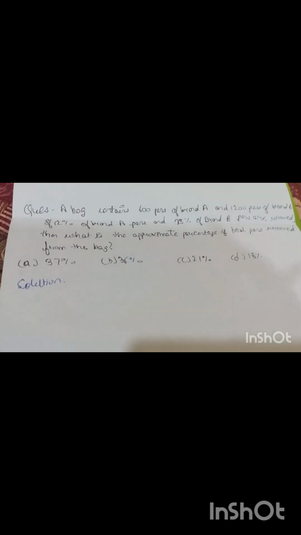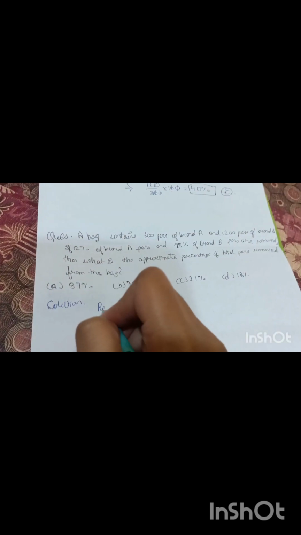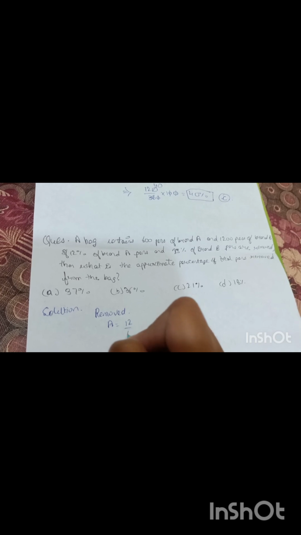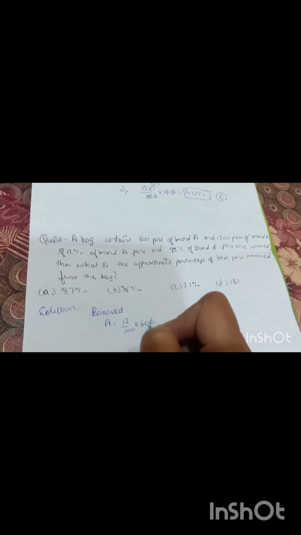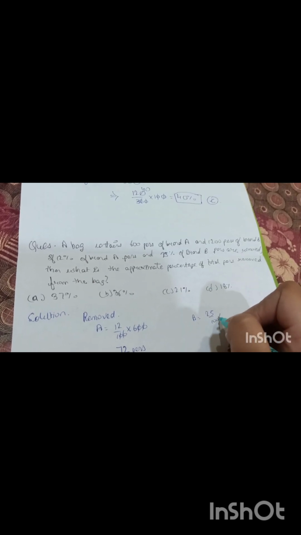So the next question is this, you may solve it. For this question, first you need to find the number of pens A removed from the bag and B removed from the bag. The value for A will be 12% of 600, so we'll get 72 pens removed. And for B, we'll get 25 upon 100 into 1200, so we'll get the value 300.